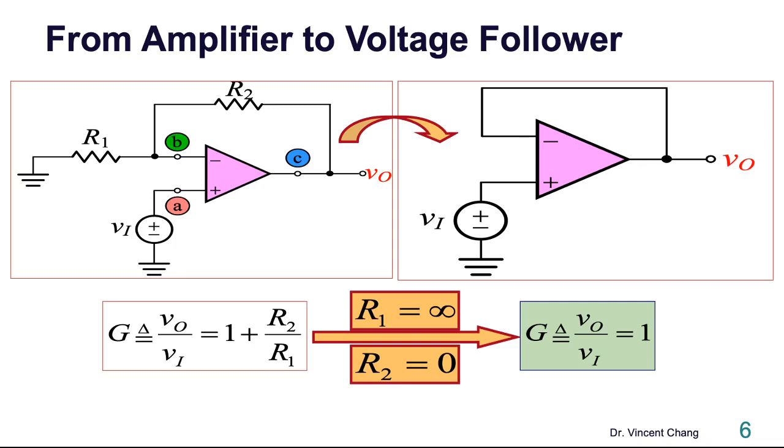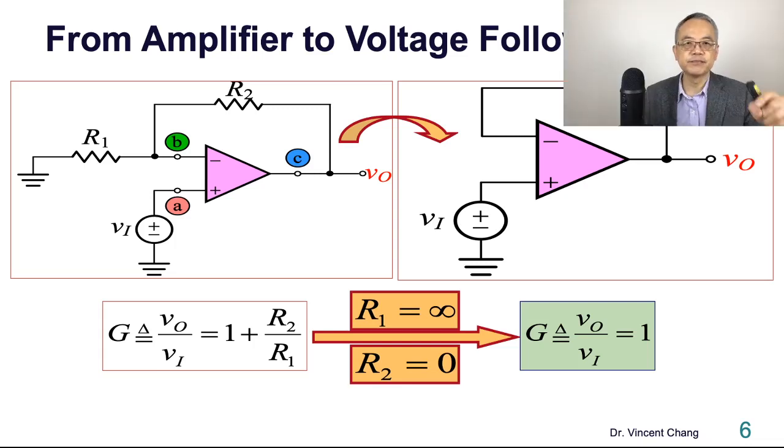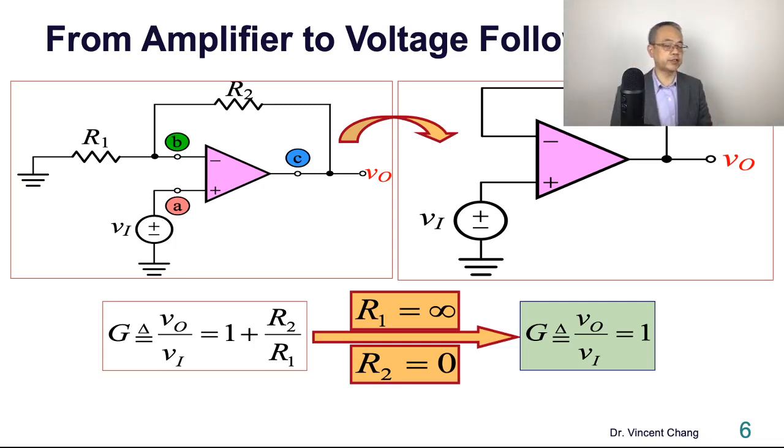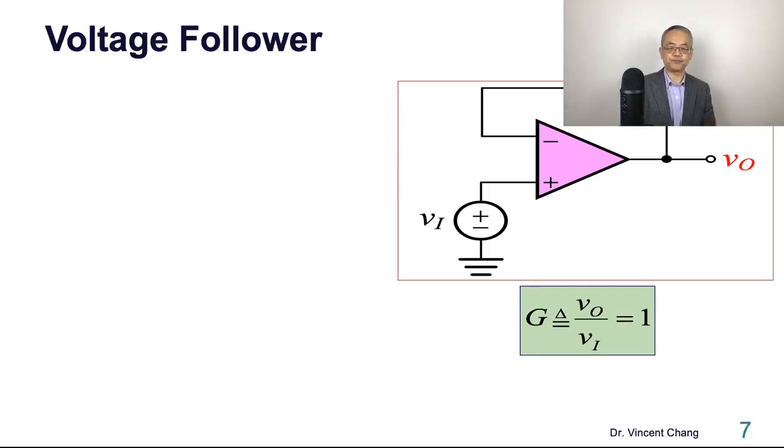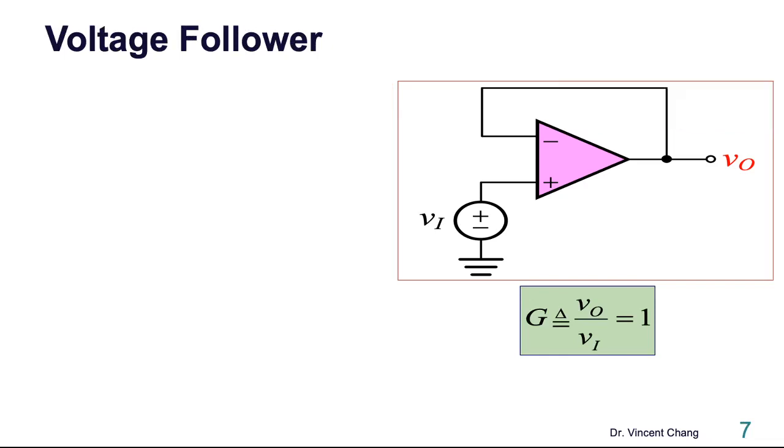The right-hand side of the slide is the circuit for a unit gain voltage follower. So the closed loop gain G, defined as VO over VI, will be equal to 1.